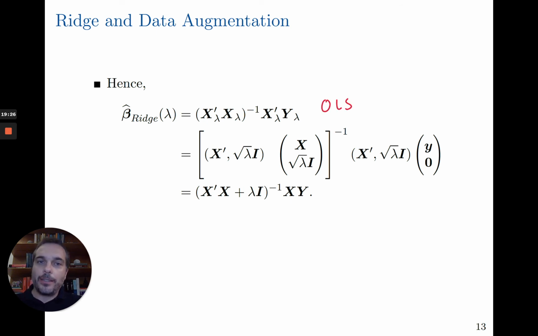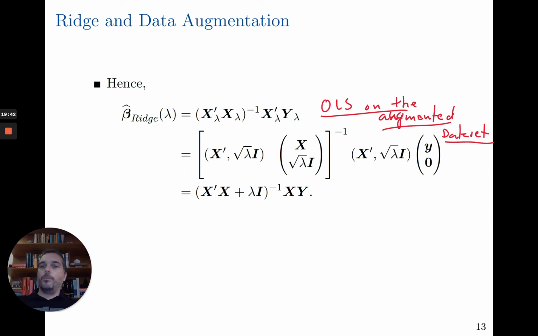So it's OLS on the augmented data set. That's what ridge is doing. So that's the ridge estimator. If you open this estimator, you get the usual definition of the ridge estimator.